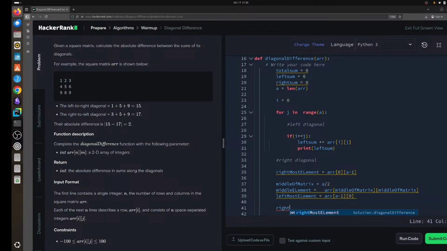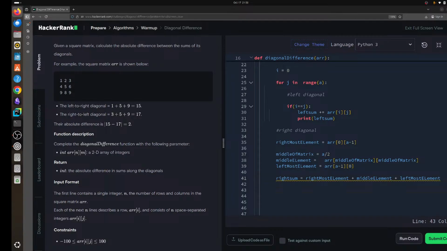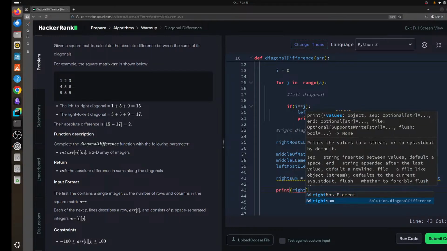Right sum equals rightmost element plus middle element plus leftmost element. Print right sum.